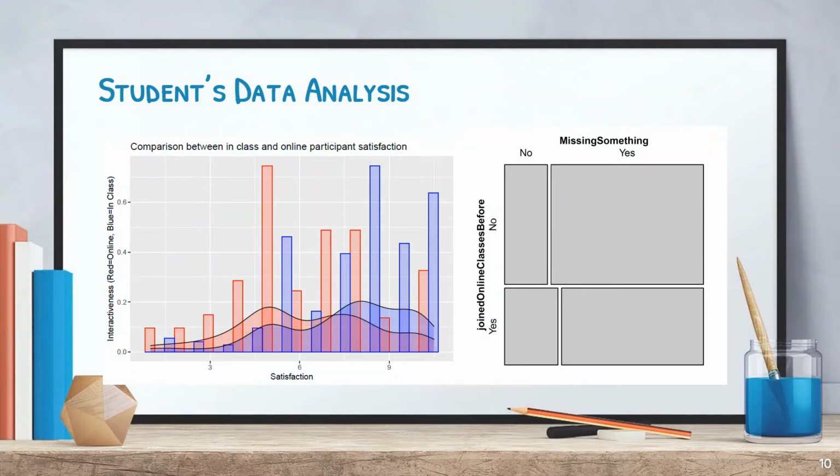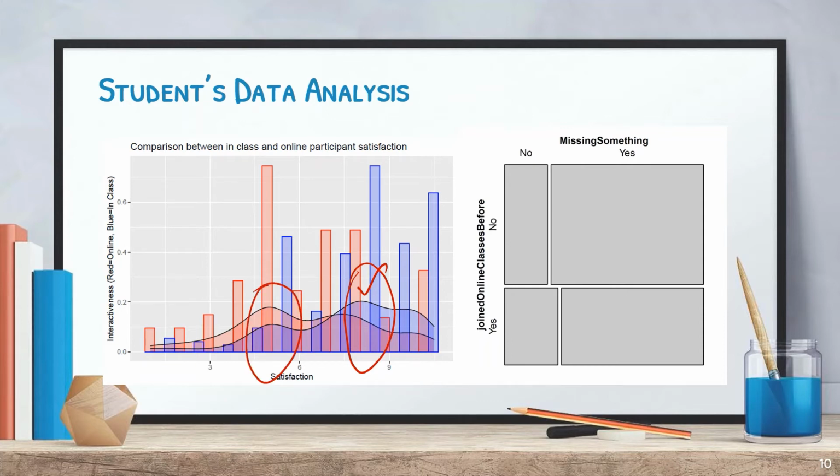From the students' data analysis, at a very high level, we can look at the satisfaction level for in-class and online interactiveness. Red is about online, and blue is about in-class. Students are mostly more satisfied in in-person classes compared to online classes.